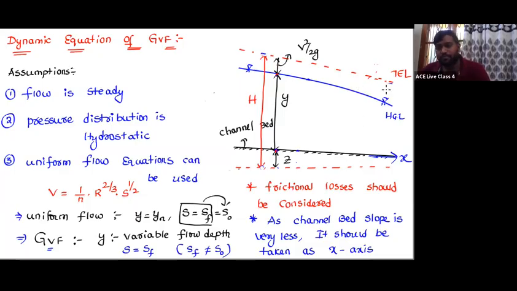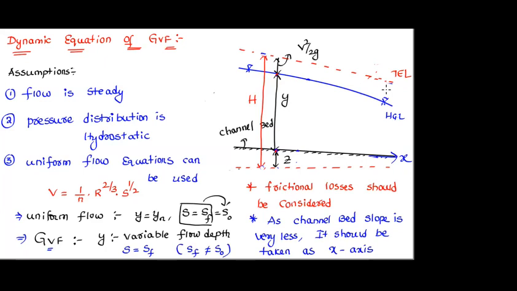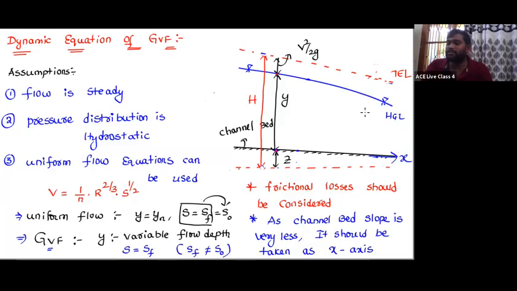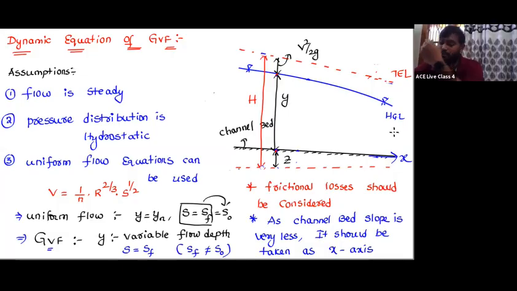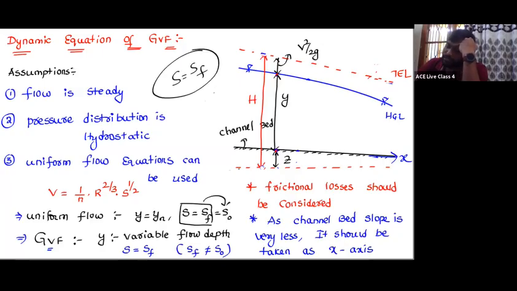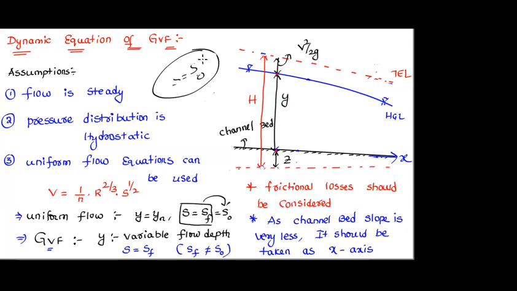Deviation is there, which means the total energy line slope is different and the bed slope is different. So that's the reason why we don't take S naught in GVF. The meaning of S is SF only, but in uniform flow, as all the slopes are the same, instead of SF I can use S naught. Okay, sir. I hope I understood. Thank you, sir.